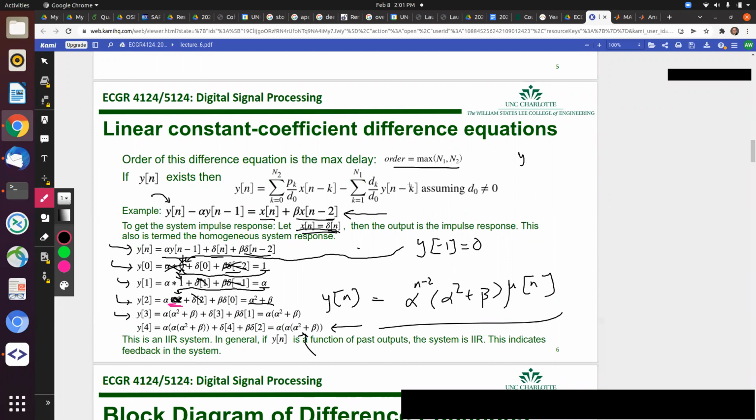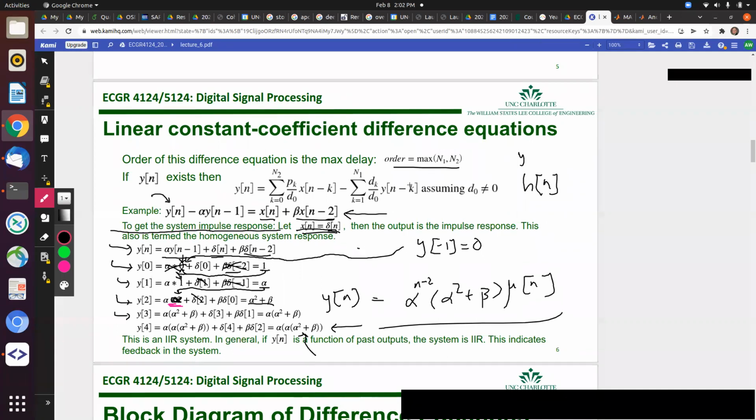We said, look, to get the system impulse response, we're actually calculating h of n. And h of n corresponds to, if you remember your differential equations theory, the homogeneous solution. This is the solution as if the input were equal to 0, except for having the delta function at the origin. That is what the homogeneous response is for a differential equation, and this is the analogy of that in difference equations.